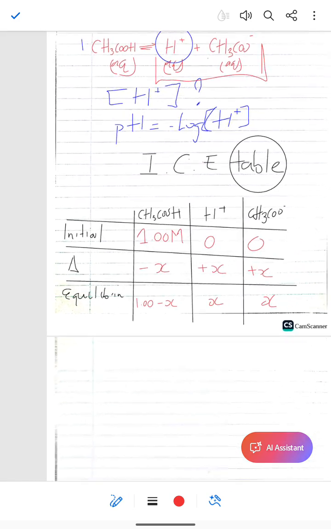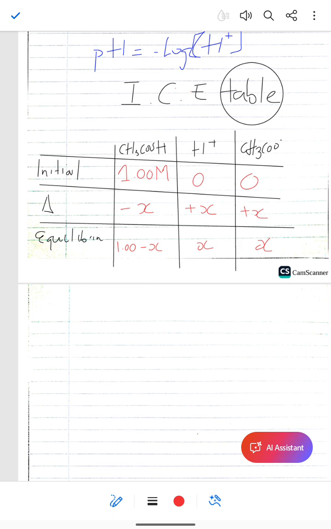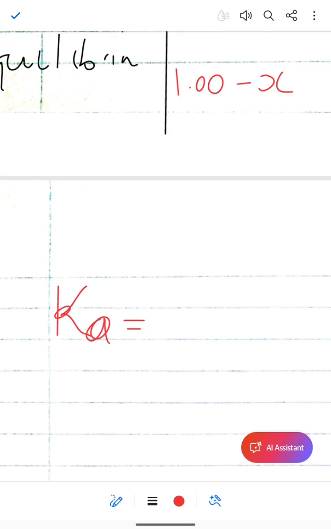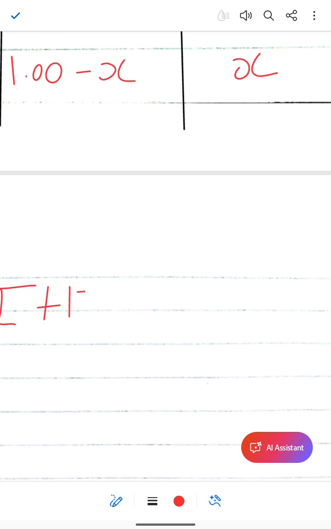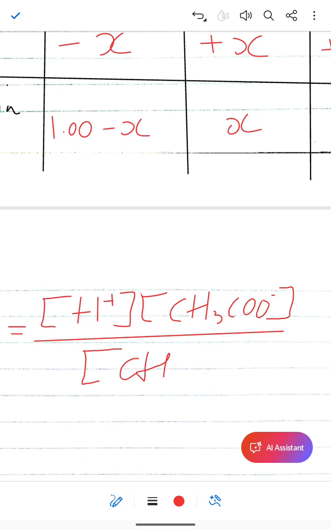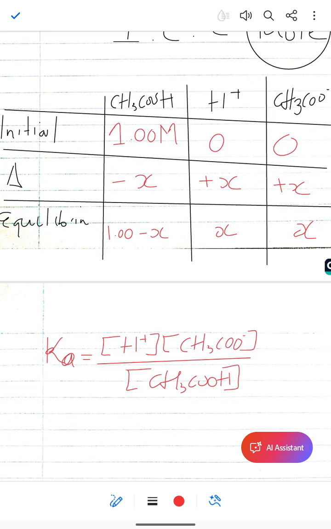So from here, that means I can write my Ka expression. Remember that my Ka expression, from the equation that I gave you above, will simply be the concentration of our products over the concentration of the reactant, and this happens at equilibrium.